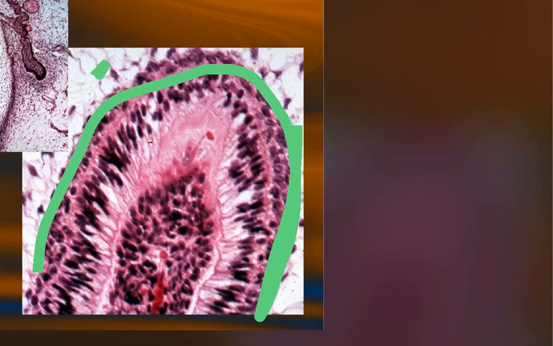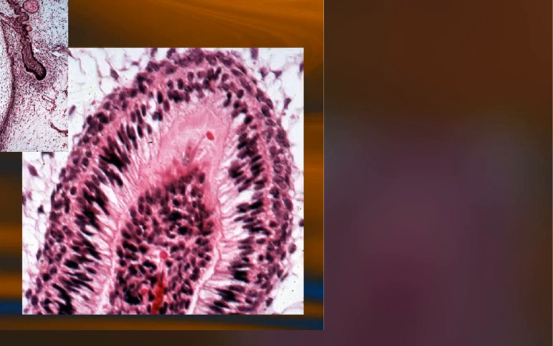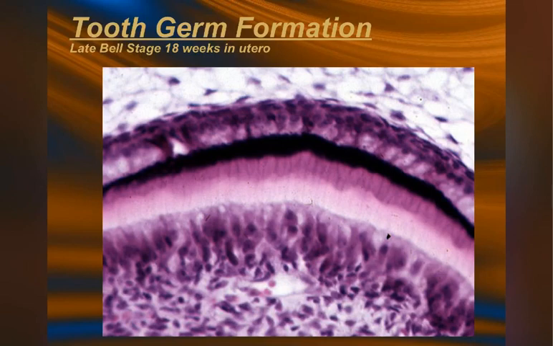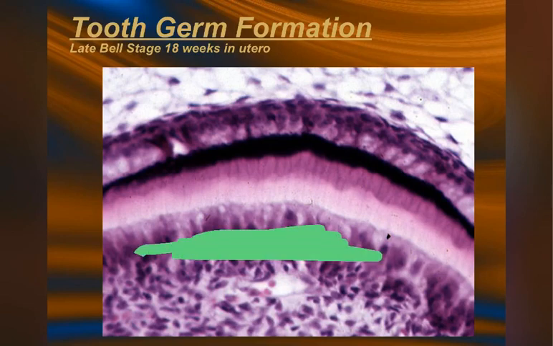Here we have stratum intermedium, flat cells, and stellate reticulum, the star-shaped cells with fluid-filled spaces in between. Here we see odontoblasts. This is the rest of the dental papilla.